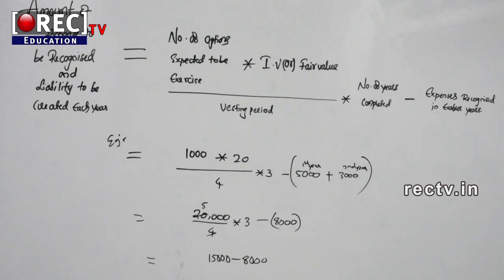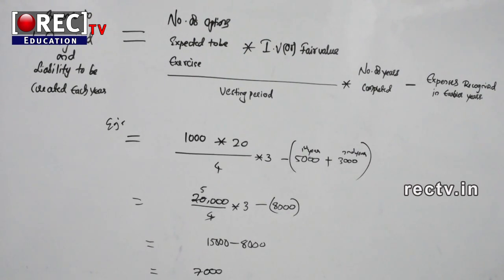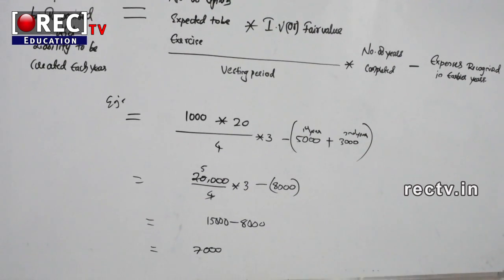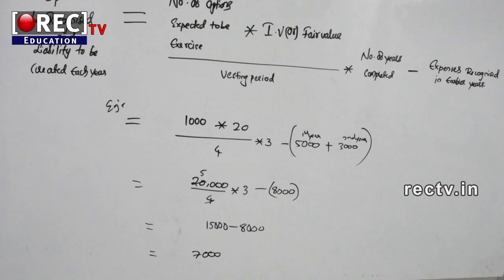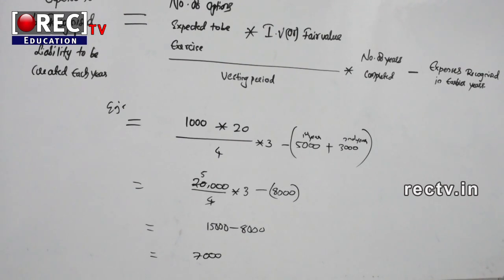Let us take the example, first year 5000 and the second year 3000. So the amount will be 20,000 divided by 4 into 3 minus 8,000. So it will be the amount of 7,000. This is the formula to recognize the amount of expenses, and the liability should be credited every year.